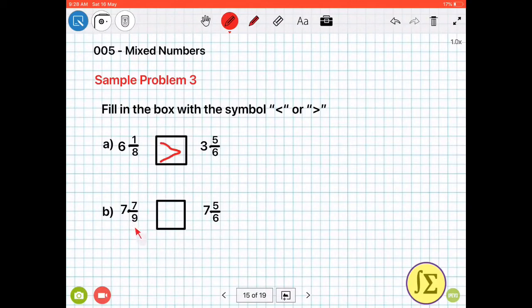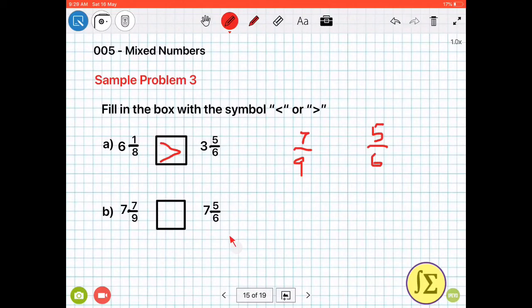So we have to compare 7 over 9 and 5 over 6. So that brings us back to lesson number 3, comparing fractions. Okay, lesson 003. Okay, so we're going to compare 7 over 9 and 5 over 6.